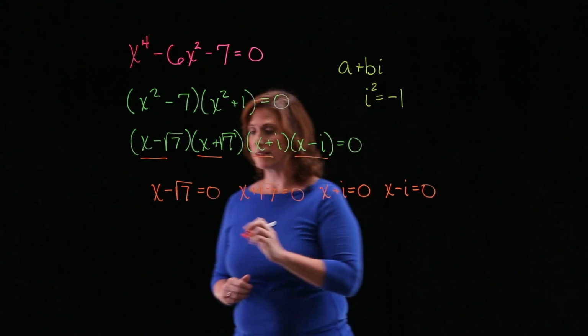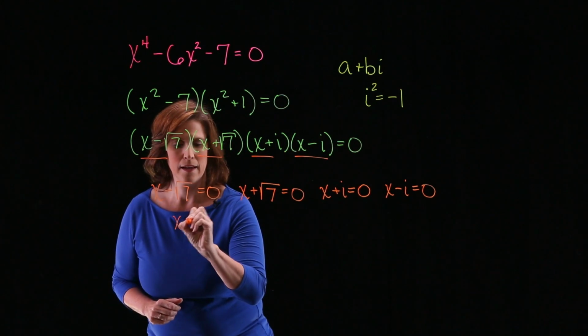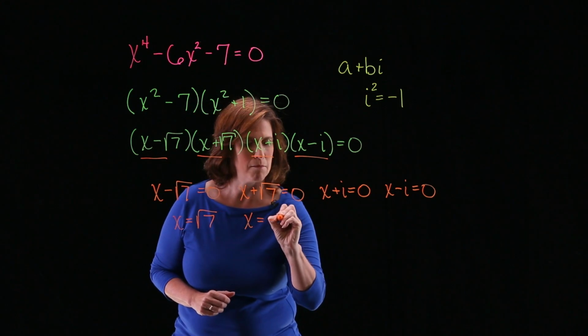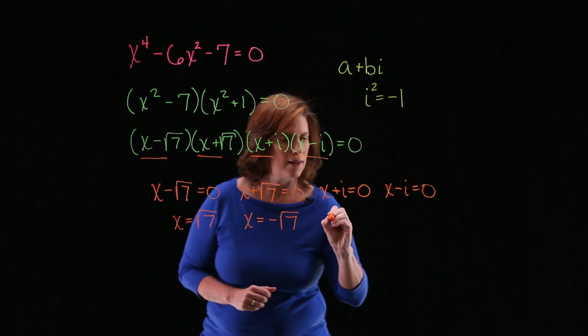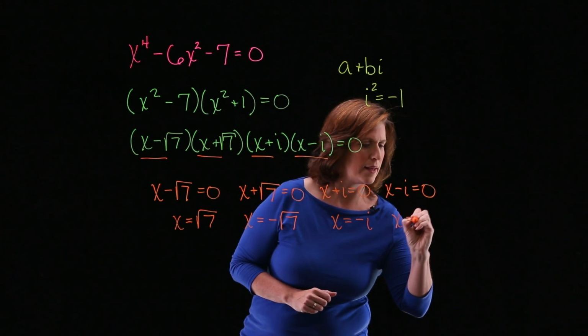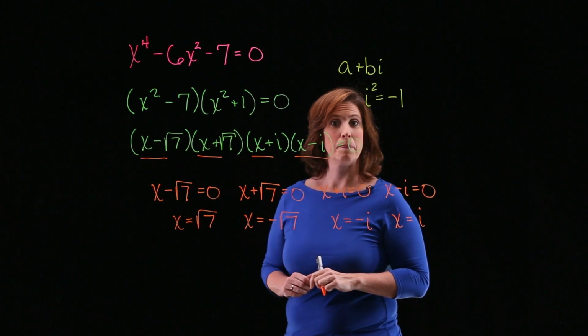Solving each of these for x, I'll have x equals root 7, x equals minus root 7, x equals minus i, and x equals a positive i.